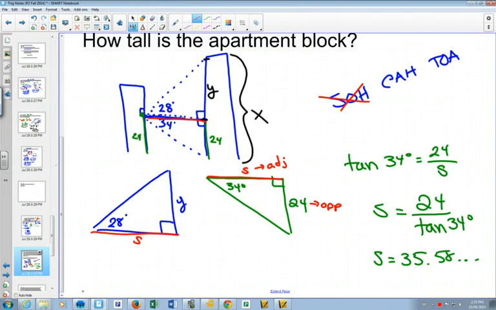So now I know that this is 35.58. Here I know that this is 35.58. And on my regular diagram, that's 35.58. Now on my blue triangle, I have enough information to get y.